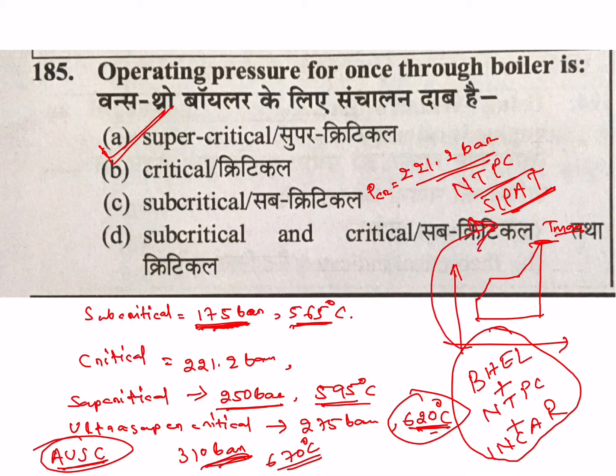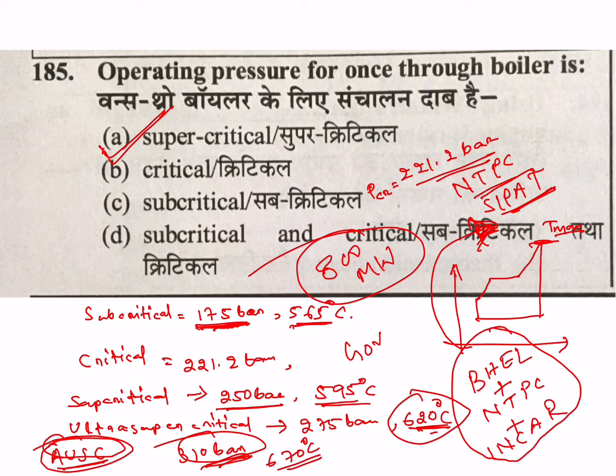They are testing advanced ultra supercritical boilers in the NTPC Sipat unit. For a single unit they are targeting 800 megawatt. Government of India is also funding this project.